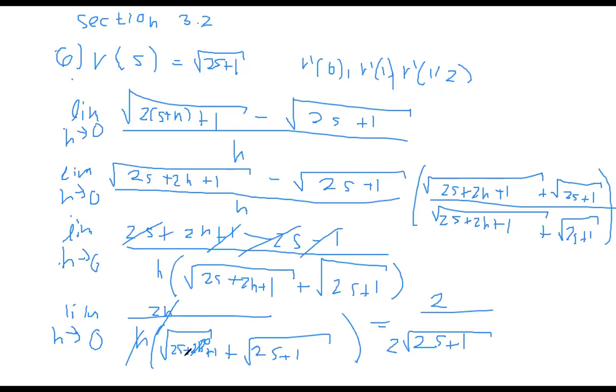You just add those roots, so you get 2 root 2s plus 1. And then obviously 2 divided by 2 is just 1, right? So that cancels out, and you get 1 over root 2s plus 1.